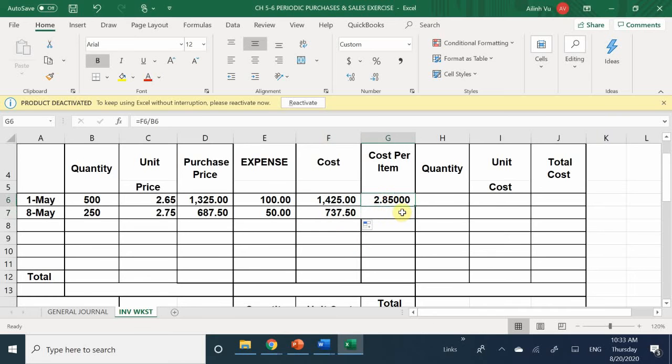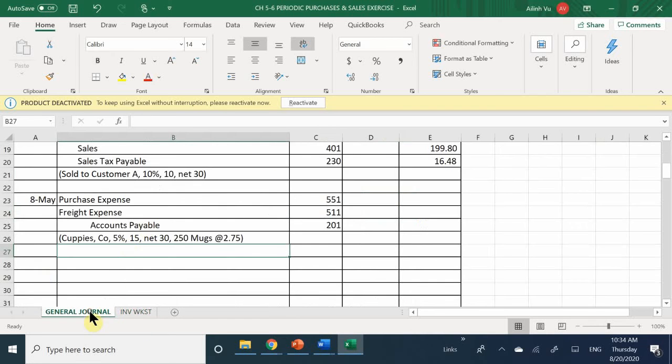And what is my total cost per item? 2.95 even. Okay, good. We're getting really even numbers here. All right. So 737.50 is our total. We got 50 freight and 687.50 for our inventory. So let's go ahead and journalize this.